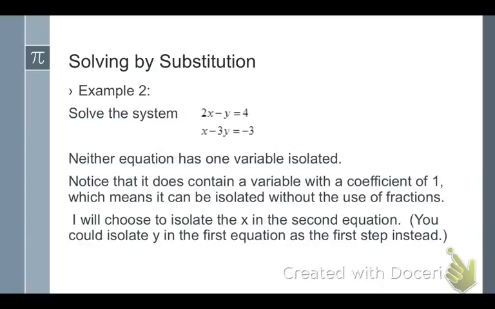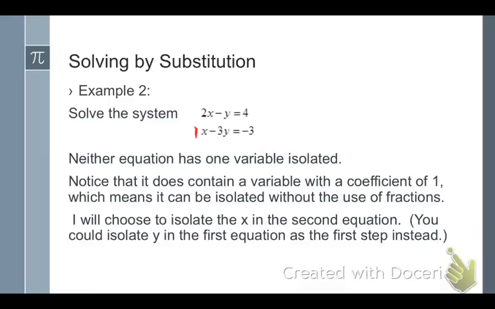So here's our second example, and this one is not in slope-intercept form, so I can't just simply take the y of one, take 3x minus 4 and put it in for y in the other. First I have to isolate a variable. Now, the reason I know substitution will work well for this is because I do have a negative 1 times y, but this x has a 1 in front of it.